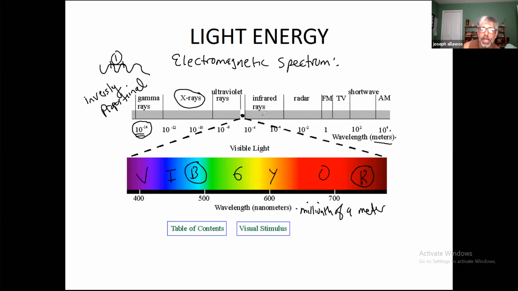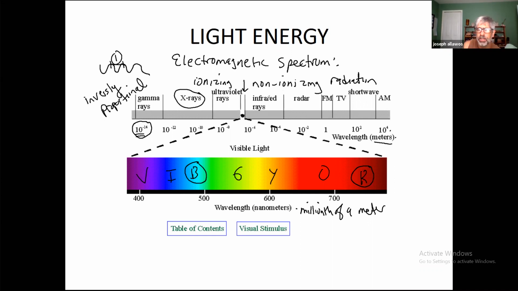Okay. And then when we get to infrared, really about here, we call this non-ionizing radiation. What that means is the stuff on this side is ionizing, meaning it has enough energy to damage DNA.